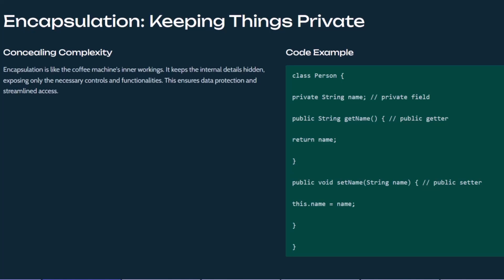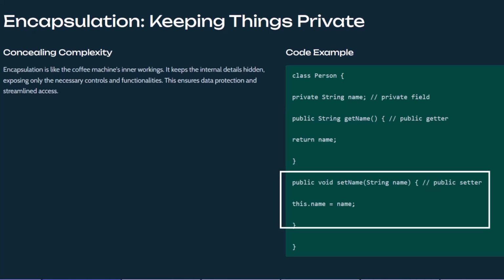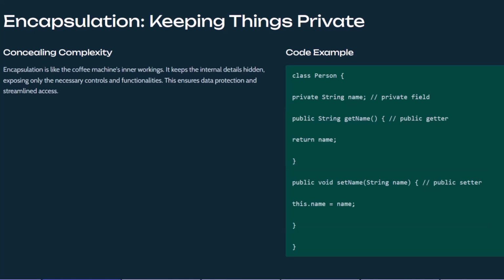Encapsulation ensures sensitive data is protected and only accessible through specific methods. In this example, the name field is private. It can only be accessed or modified through getName and setName methods, ensuring data integrity and security.